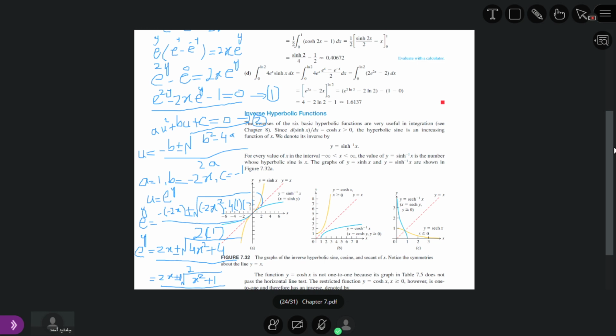So thus e power y is equal to x plus minus square root of x square plus 1.